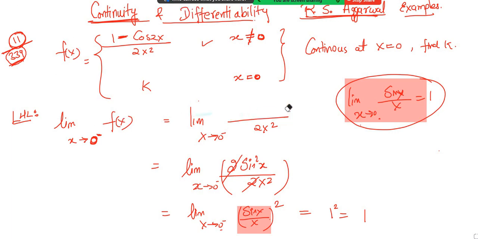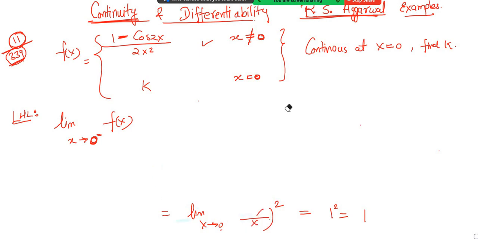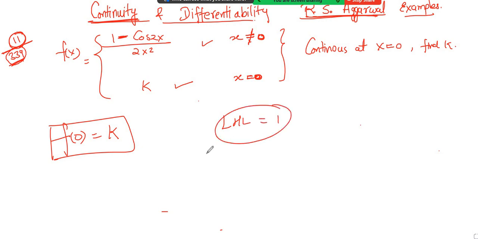Now similarly, let's solve RHL. Or instead of solving RHL, we can just see the function value, because the function value is directly given, correct? So function value at 0 is k, and the LHL we just calculated is 1.